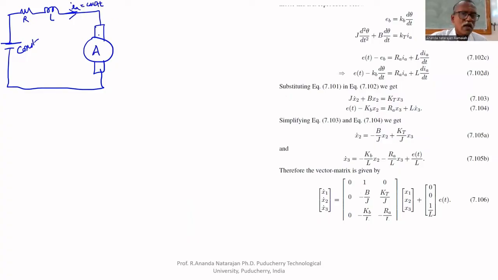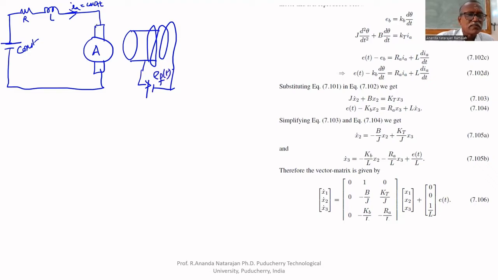Armature. The field produced by this is by EF of T. Field produced by this is EF of T. So it has L, F and RF.